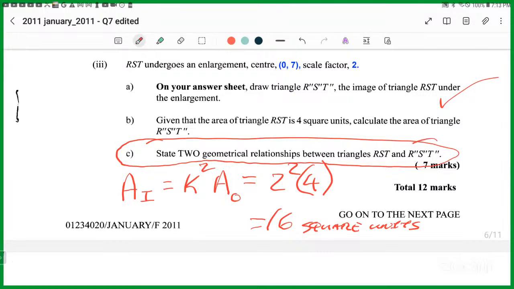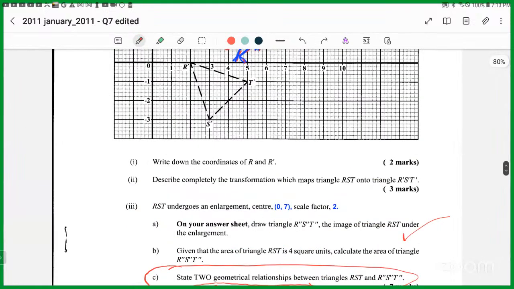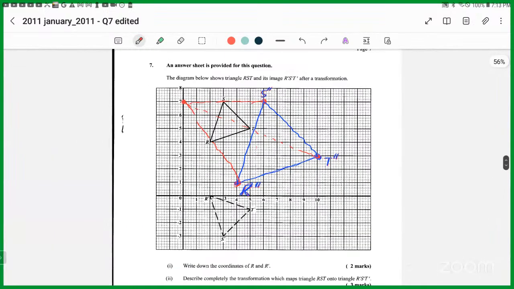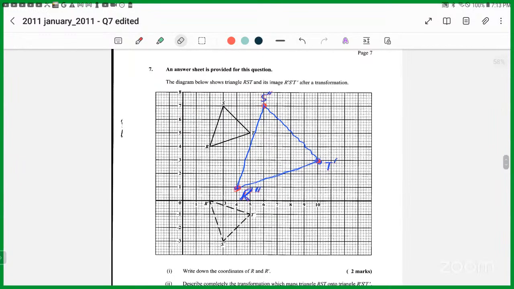The perimeter of the big one is twice that one. The 3 angles are the same. They are similar triangles. We don't do that topic yet, but they are similar triangles because the 3 angles in the 2 triangles are the same, even though the dimensions are different.